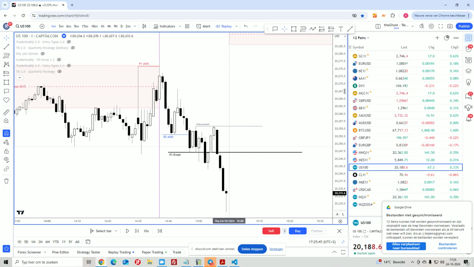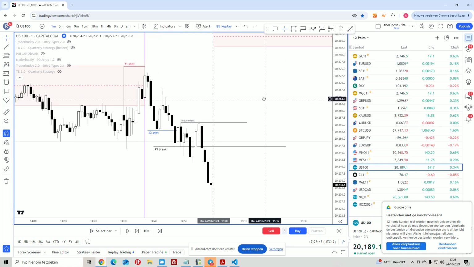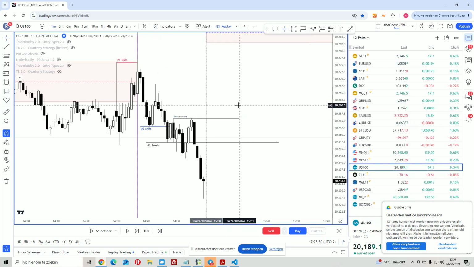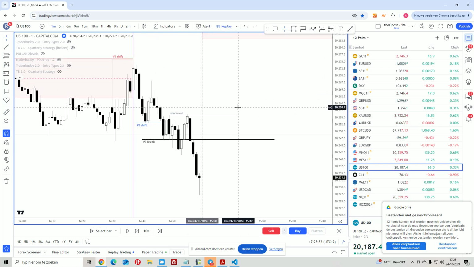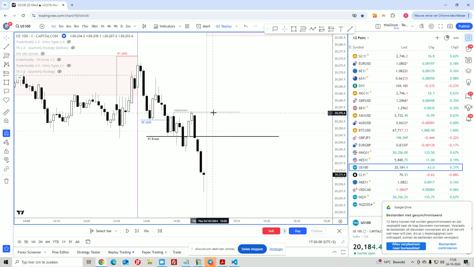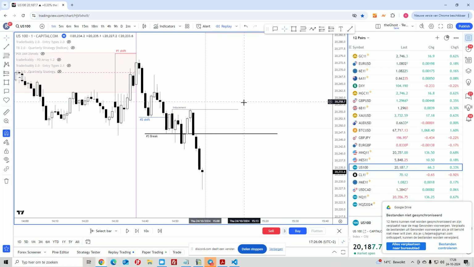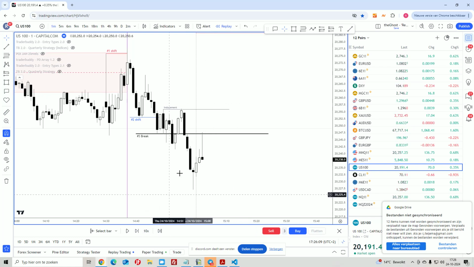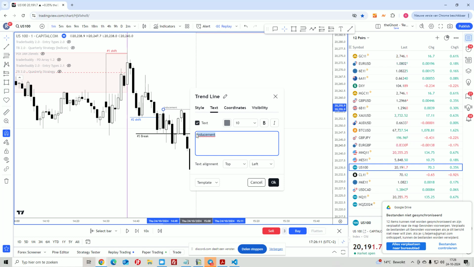But let's not get too ahead of ourselves. This is the inducement that needs to be taken, and preferably with a wick. But it can be with a candle closed. Then you wait for at least after we taken or mitigated the inducement, then we wait for a bearish order block to form. So sorry, this is step 4.